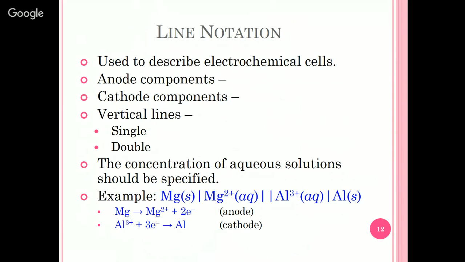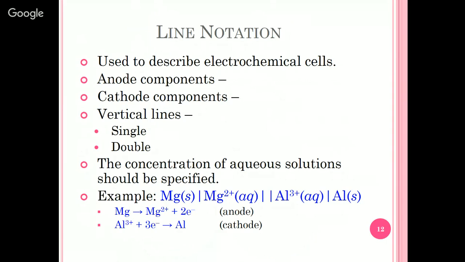If you have two things in the same state, both aqueous, we separate those with commas. The concentration of aqueous solutions should be specified if it's not standard state. So if there's something besides a 1 molar concentration solution, that needs to be shown in the line notation. If no concentration is shown, then we just assume it is 1 molar.